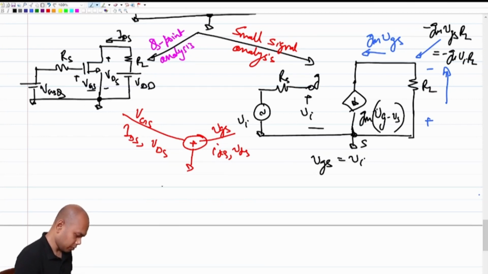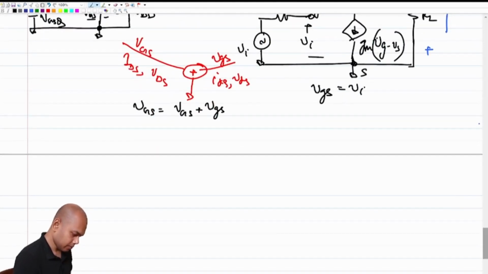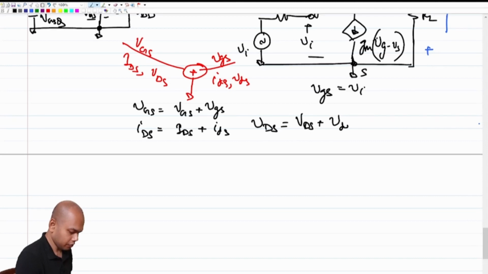So VGS becomes VGS plus small vgs, IDS becomes IDS plus small ids. Similarly, VDS becomes VDS plus small vds.